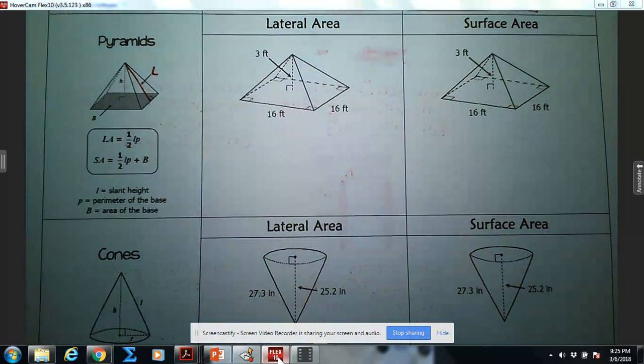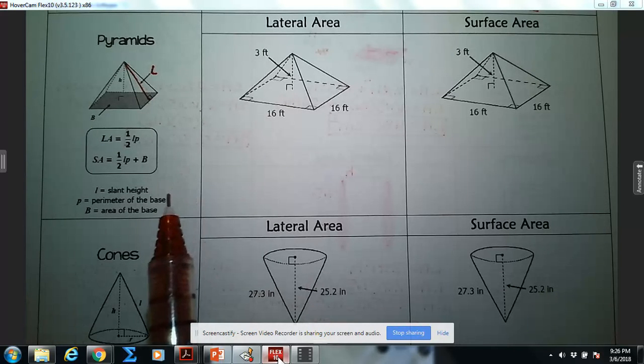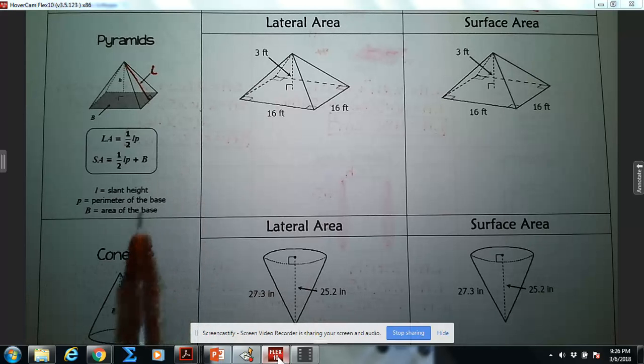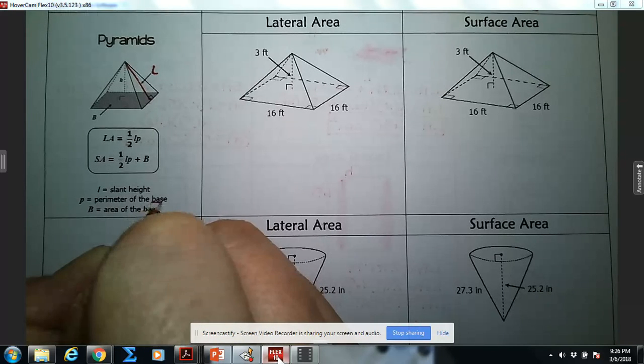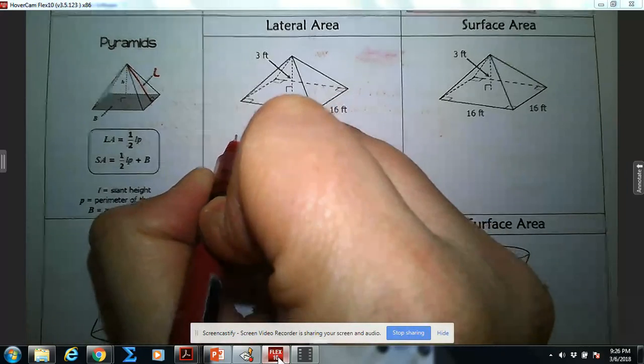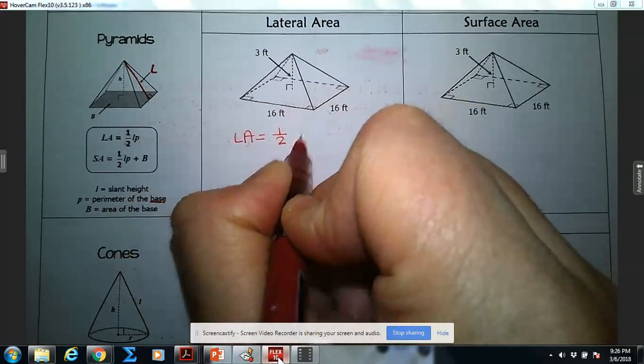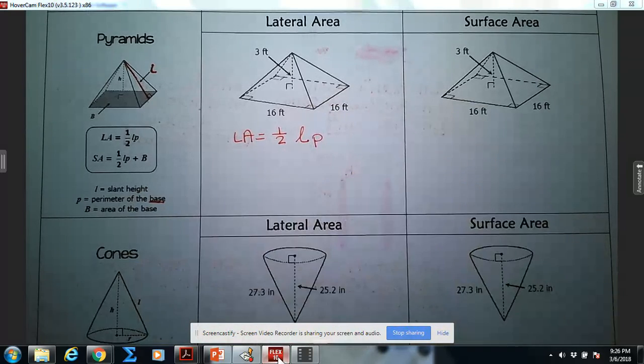Okay, that is not the length, not standing for length like in length times width times height. This is the slanted height. P, again, is the perimeter of the base. So our lateral area is equal to 1/2 of the slanted height times the perimeter.